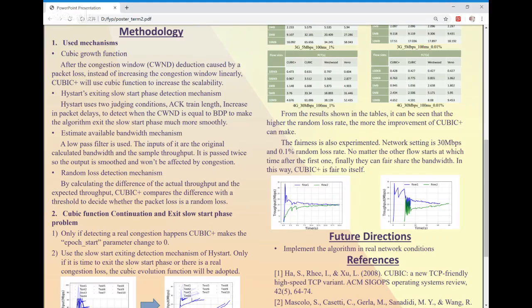Since the exponential function grows so fast, at the time it exits the slow start phase, there will be a large number of packet losses and retransmissions. To avoid this, high start has a mechanism to detect whether the congestion window is almost equal to the bandwidth and delay product, which is called BDP, to make the algorithm exit the slow start phase much more smoothly.